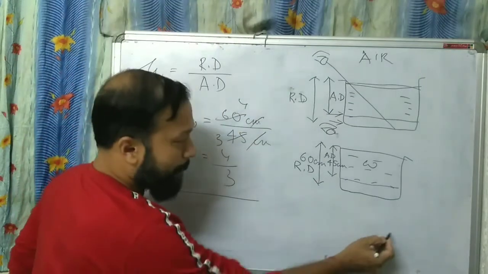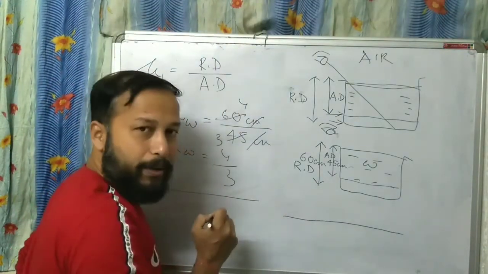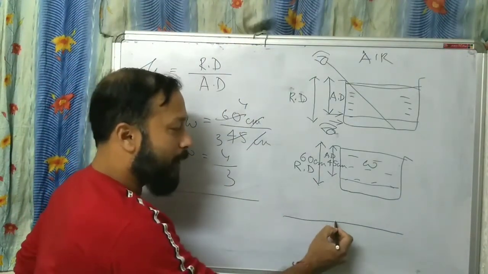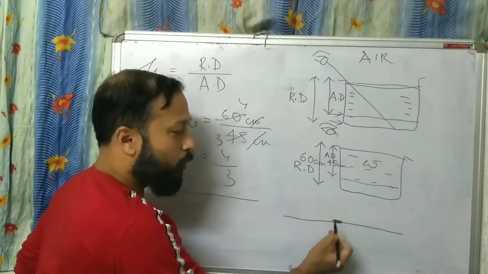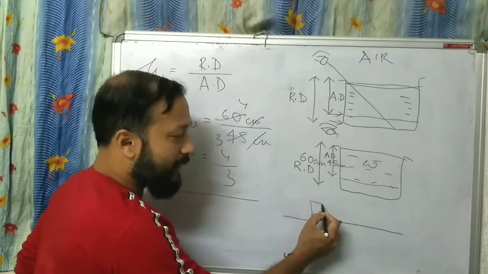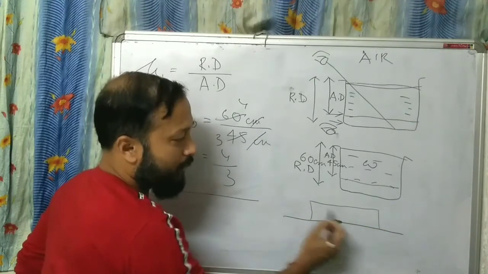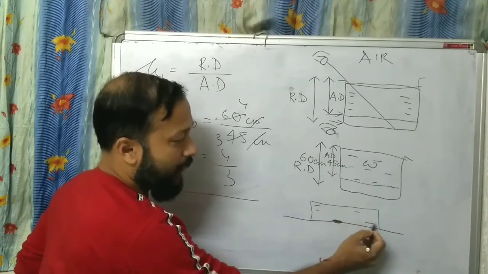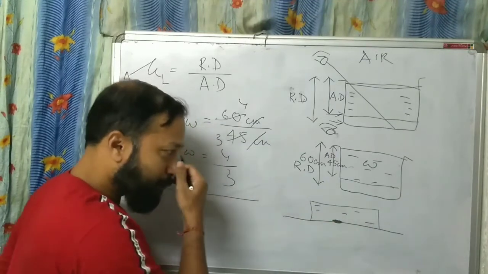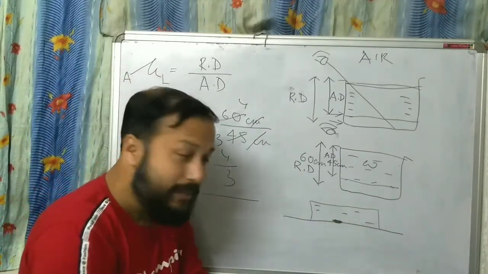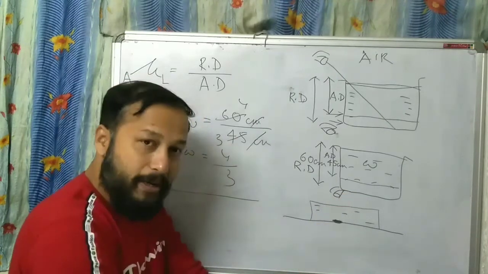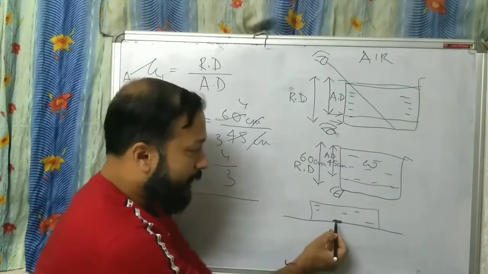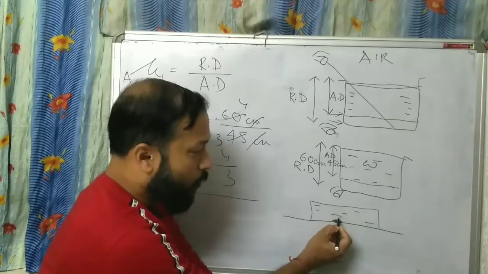Say this is the paper, the white paper. On that white paper I made a black dot, and this is the glass slab. Understood? Now if I see from here, I will see that the dot is here now.